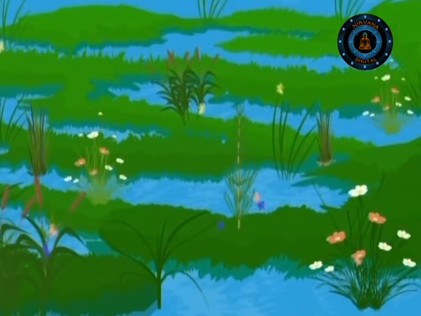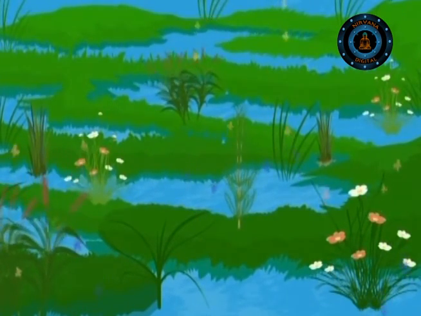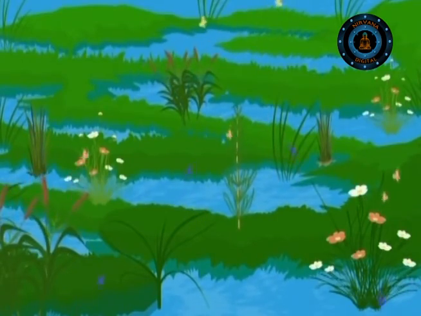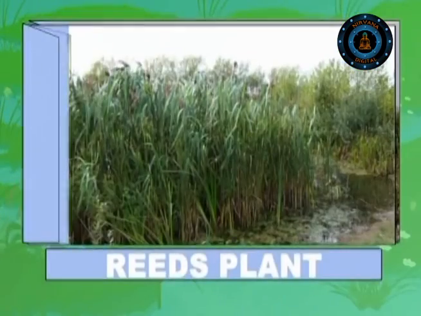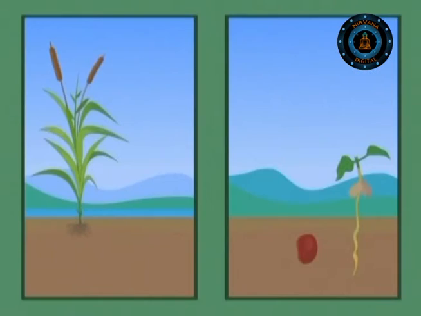It is not necessary that the plants of wetlands reproduce by seeds. There are plants in wetlands like reeds and bulrushes that do not worry about making seeds. They spread along underground stems. But reproducing by seeds has great many advantages for any plant.